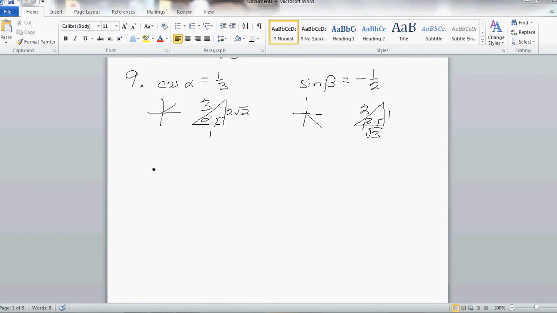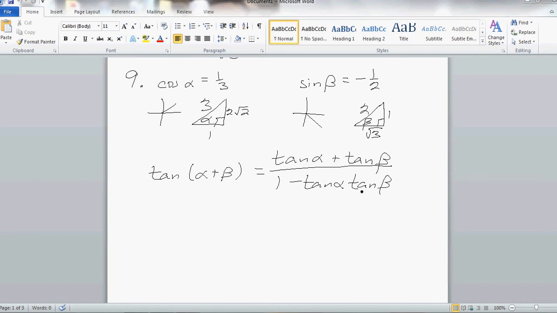And what we're asked to find is the tangent of alpha plus beta, which is the tangent of alpha plus the tangent of beta all over 1 minus tangent alpha tangent beta.